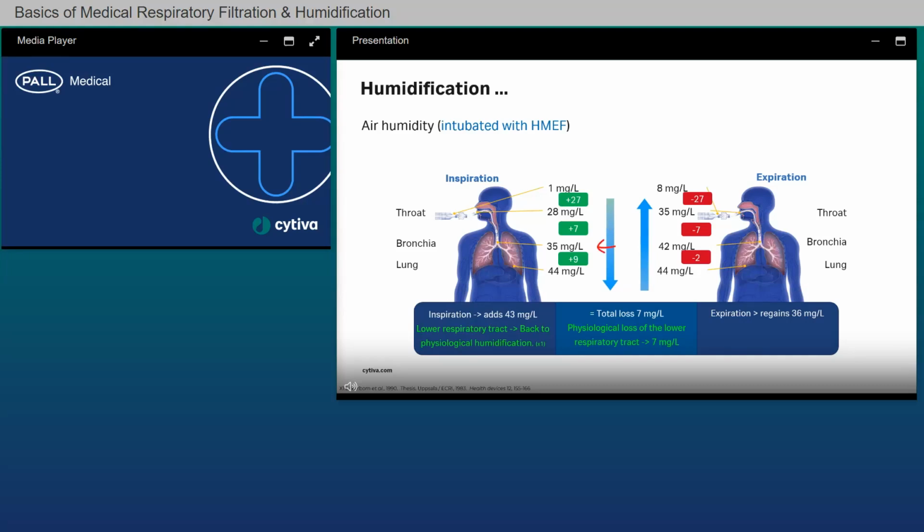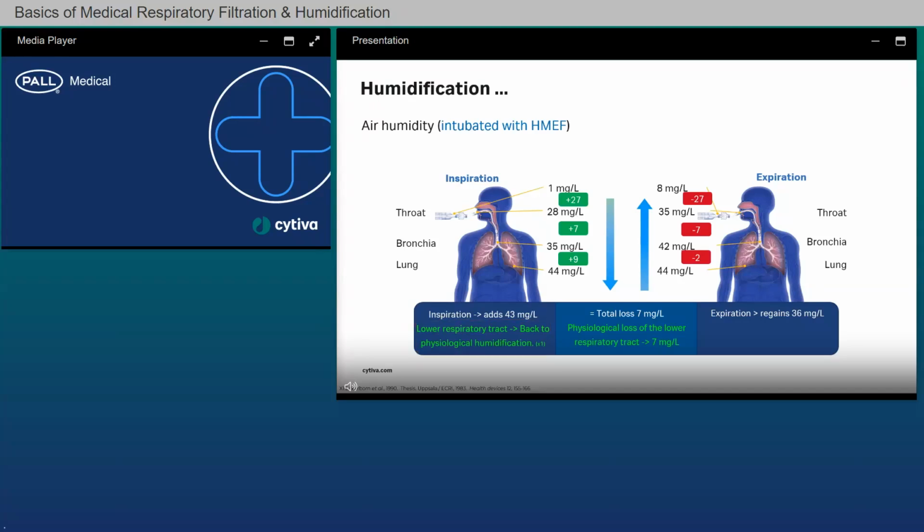And now you can see that we are at 37 milligram per liter, and the lower part only has to add the 9 milligram per liter to get to the needed 44 milligram per liter, and we are back to physiological condition. And that's exactly the same amount the lower tract had to add as a spontaneous breathing patient. And that's the main message. With a decent filter designed for long-term ICU ventilation, like this BB100, we're back to physiological conditions.